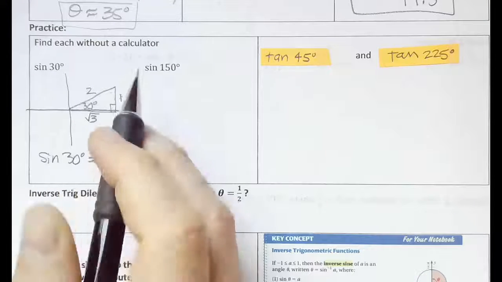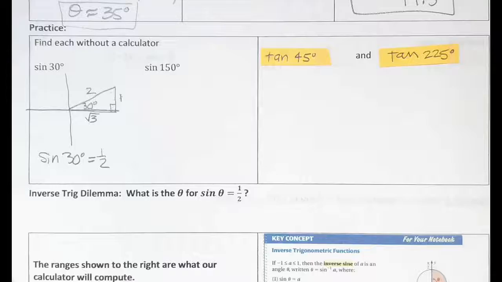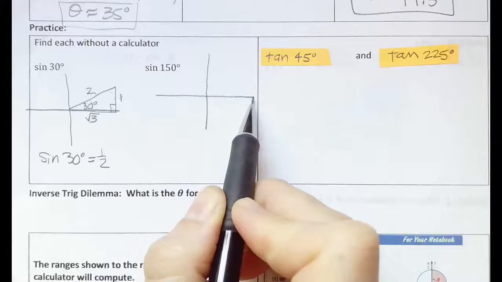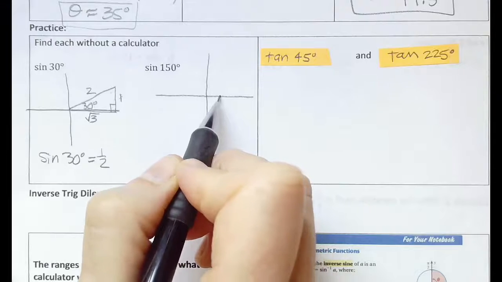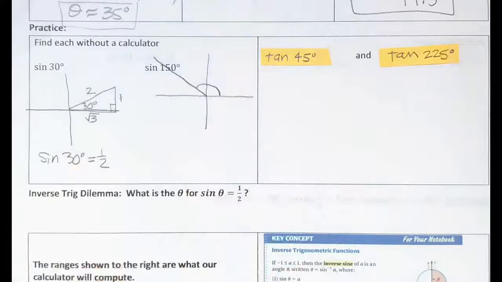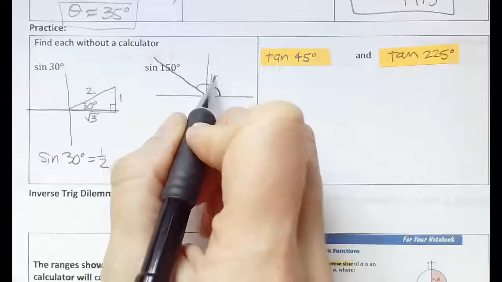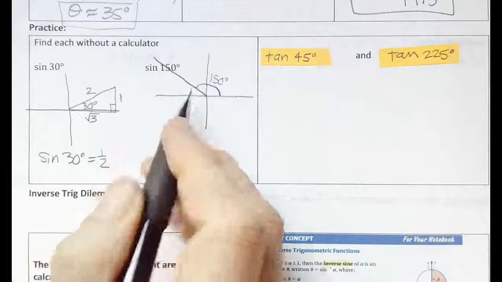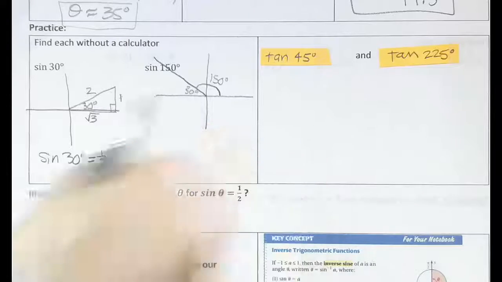Now what happens when we do the sine of 150 degrees? We need to make a triangle. 150 degrees rotates past the 90 into quadrant 2. If this is 150 degrees and this is 180 all the way over to here, this has to be 30 degrees.